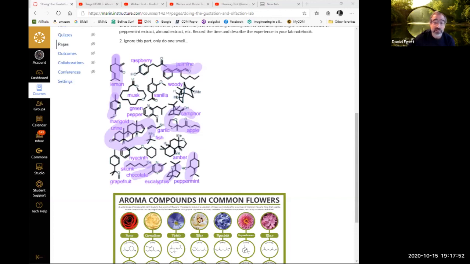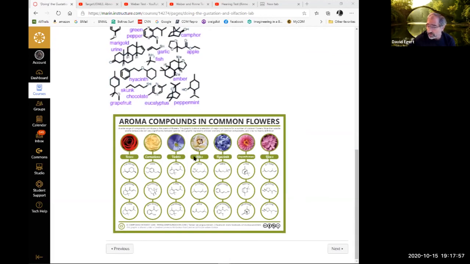Smell is detecting molecules. This is showing the smell of common flowers. These are actually the molecules that are detected that create the smell in your consciousness of a rose or a violet or a hyacinth. So just kind of putting that out there.